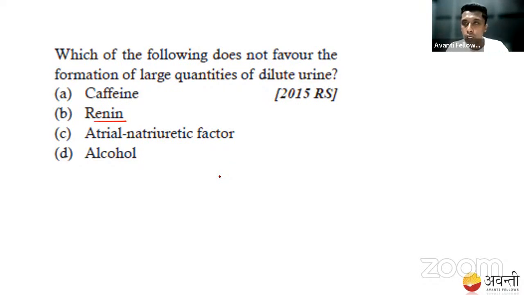It will vasodilate and reduce the blood pressure. When it reduces the blood pressure, large quantities of dilute urine will not be formed. Next one, alcohol usually leads to dehydration. Why? Because it suppresses antidiuretic factor. That is why people who drink alcohol dehydrate a lot and keep urinating. So our option is C, atrial natriuretic factor.